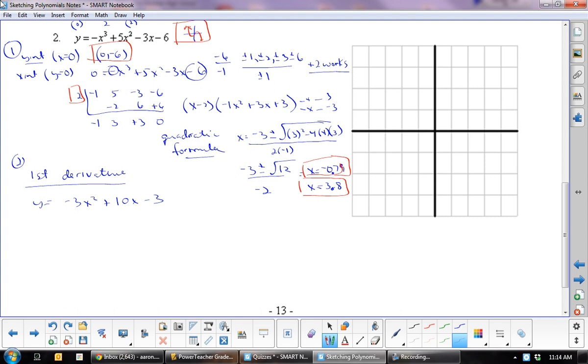Negative. Okay, so we even have to factor this to get the zeros, right? Because we want to go 0 equals. So what plus what is 10? What times what is 9?